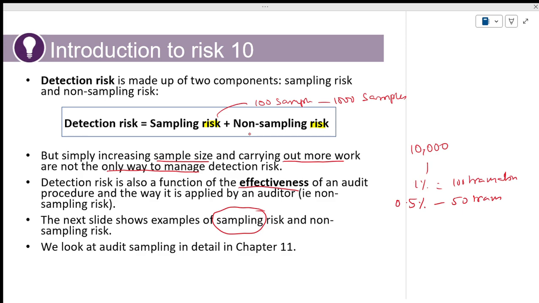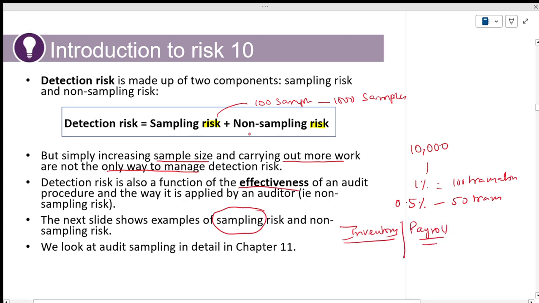The problem is that there is something in sampling: you are not targeting the specific places, the different areas. Assume in terms of inventory and in terms of payroll. These two things always haunt us. Inventory and payroll.